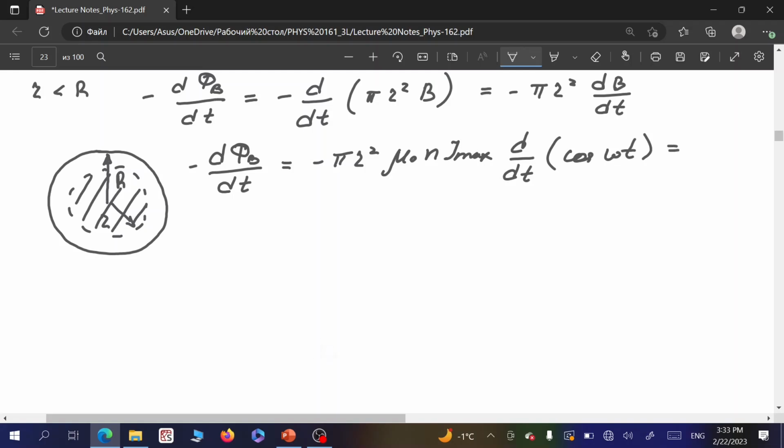And that will be equal to pi r square mu naught times n I maximum times omega sine omega t.